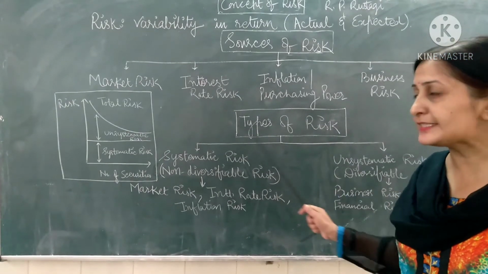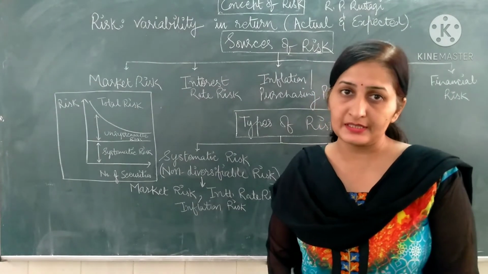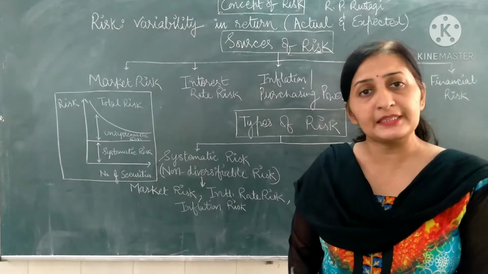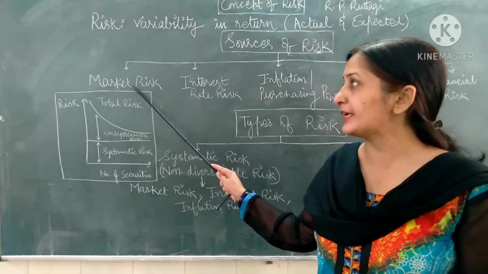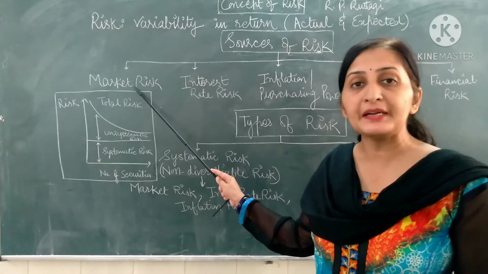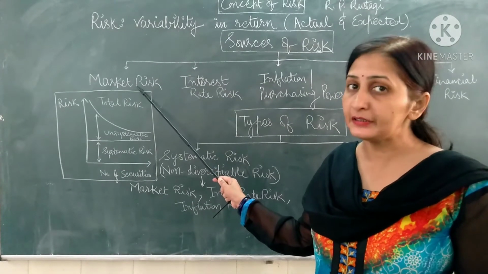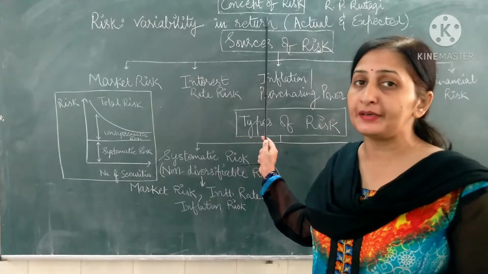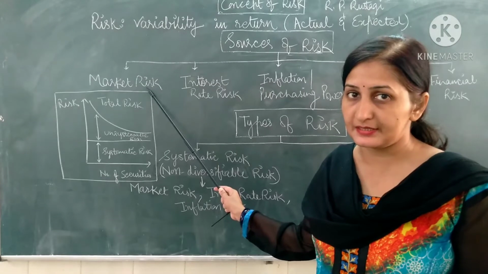It is very easy to define any of these. With the meaning of risk, you can associate the meaning with the particular type of risk. For example, market risk is the risk which gives birth to variability in return due to change in market prices.